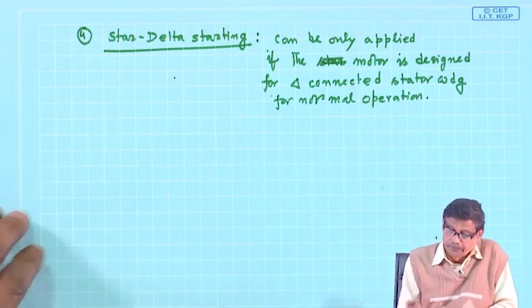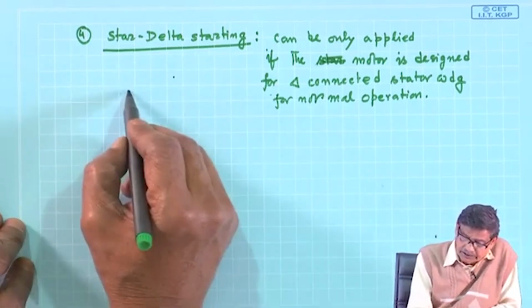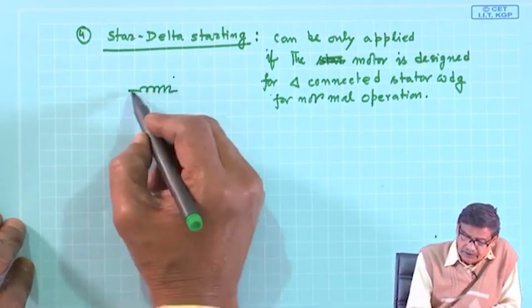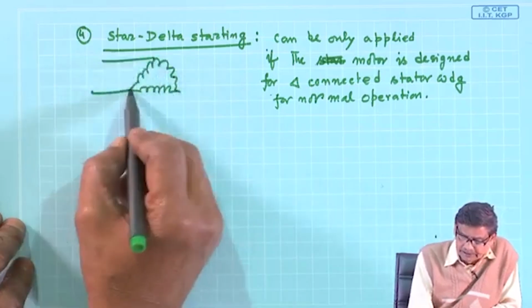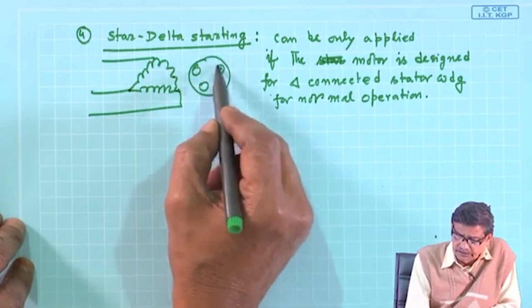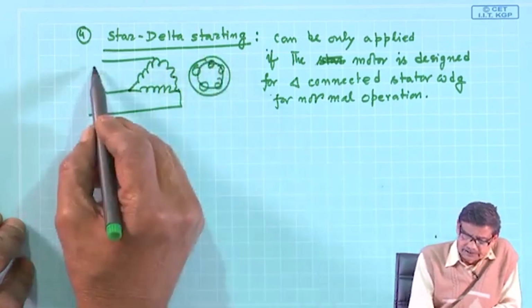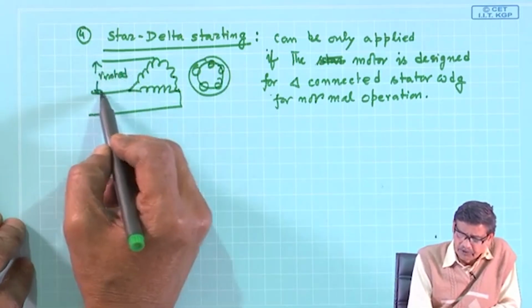Why am I telling you? First let us understand very quickly, this is the normal operation, delta connected, this is the cage rotor, it is like this, rated voltage is applied, no problem, normal operation.